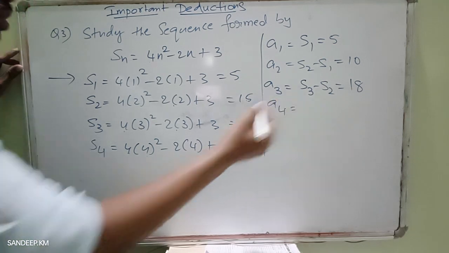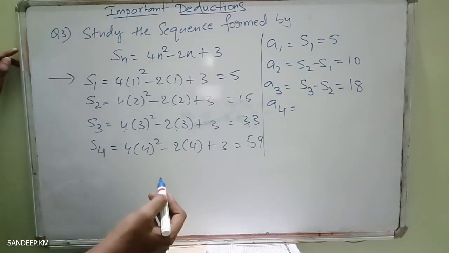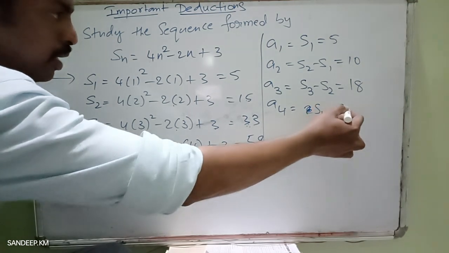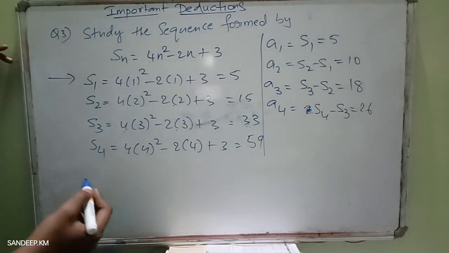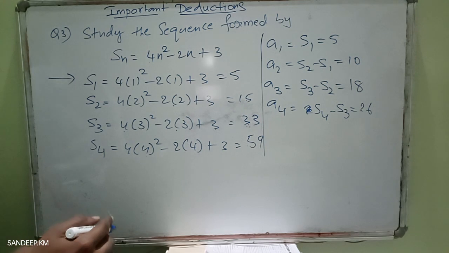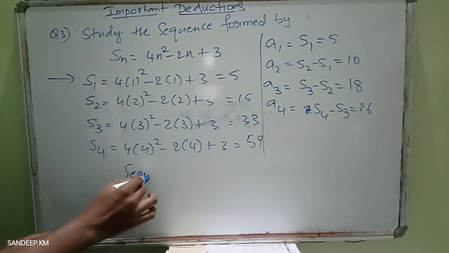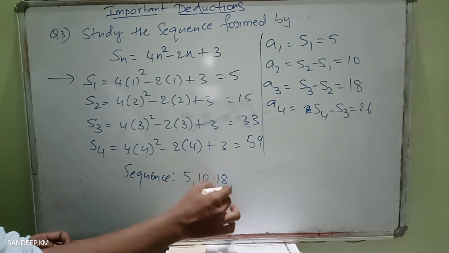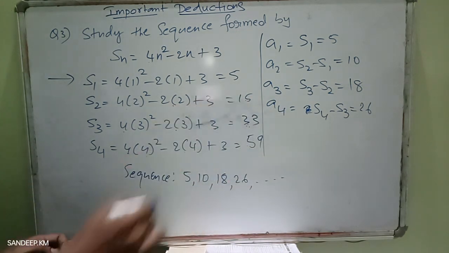And A4 is equal to S4 minus S3. What do you get? 26. So therefore, what is the sequence that's formed here? The sequence is 5, 10, 18, 26 and so on.